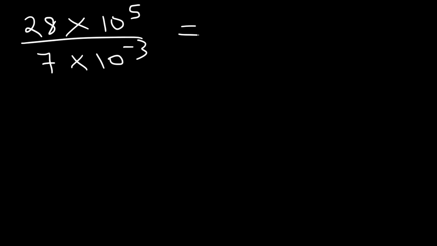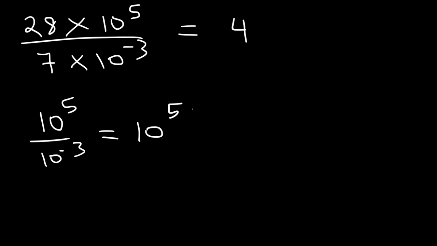Let's work on some more examples. What's 28 times 10 to the 5th divided by 7 times 10 to the minus 3? Feel free to pause the video and try this example. So 28 divided by 7 is 4. And 10 to the 5th divided by 10 to the minus 3, that's going to be 10 to the 5 minus negative 3, which is 8. 5 plus 3 is 8.